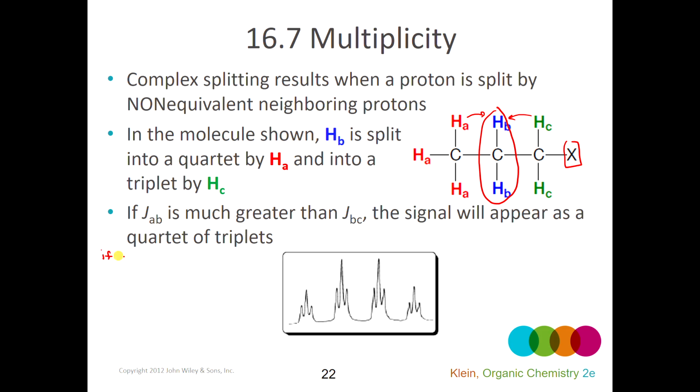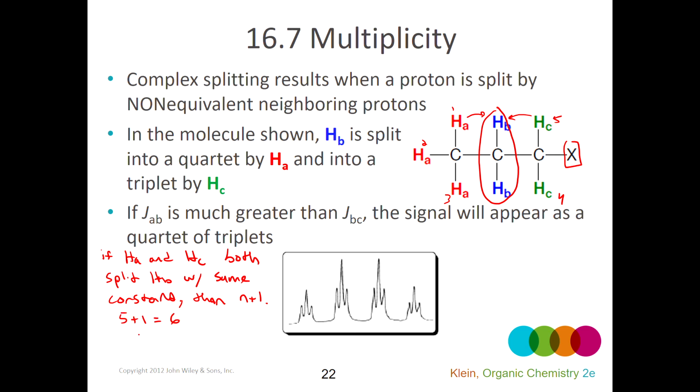We can say if HA and HC both split HB with the same coupling constant, then we can use the n+1 rule. So we would have 1, 2, 3, 4, 5 neighboring hydrogens, and so 5 plus 1 would give me 6, and I would see a sextet.